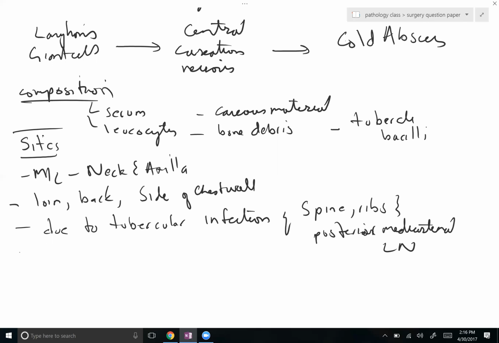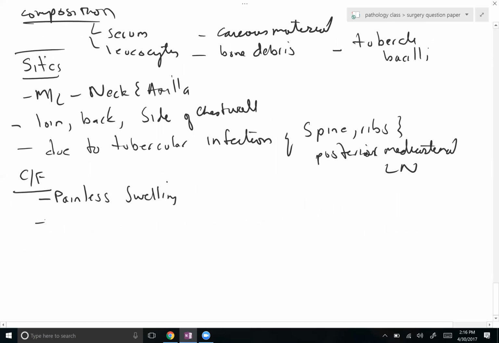What are the clinical features? First and foremost, it does not have signs of inflammation, so it is a painless swelling. There can be symptoms or some clinical features of primary TB.